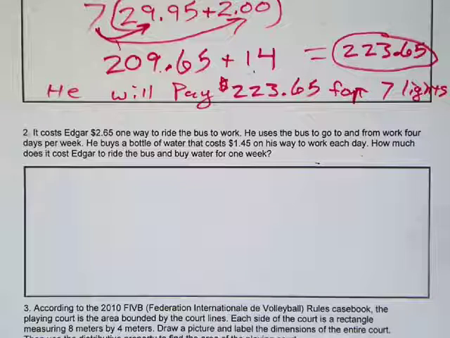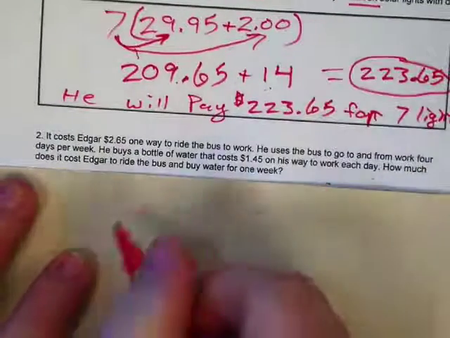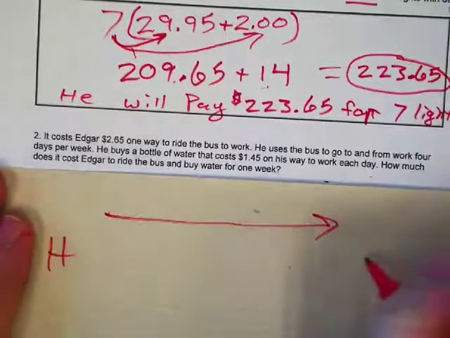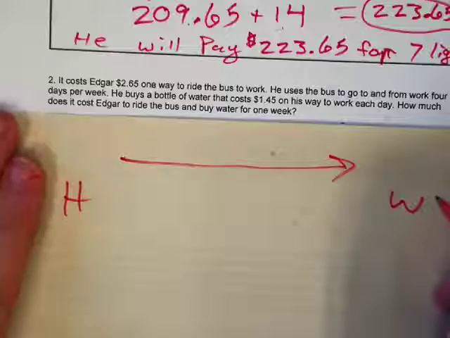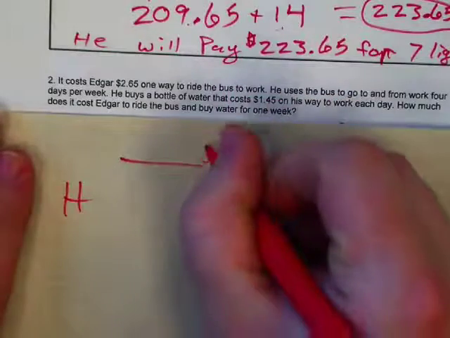Okay, again, let's try to visualize this in our head. He's riding the bus to work. So this is home and that's work. He's riding the bus to work and he has to pay $2.65.